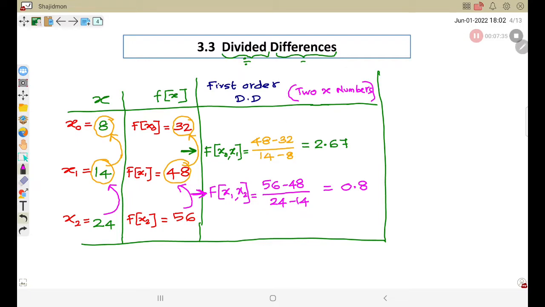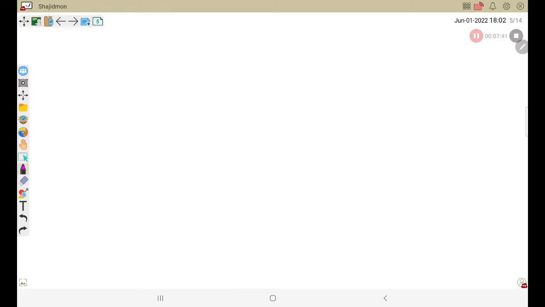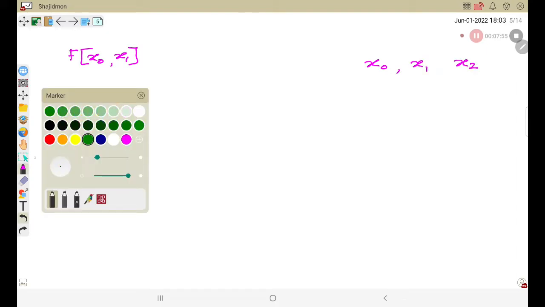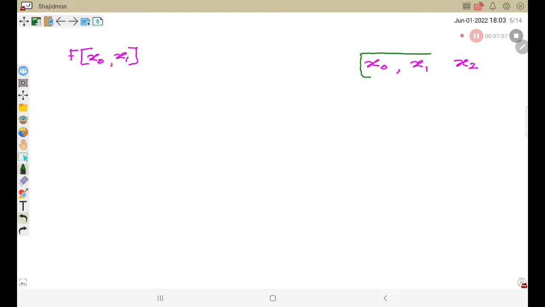So the difference of y values divided by the difference of x numbers. Let us see which first order divided differences we discussed. First we calculated f of x0 comma x1, out of the 3 x numbers, x0, x1 and x2. Out of these, first we considered the first two numbers, x0 comma x1. So how did we calculate the divided difference?